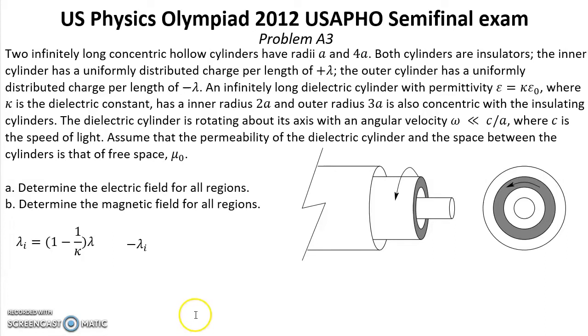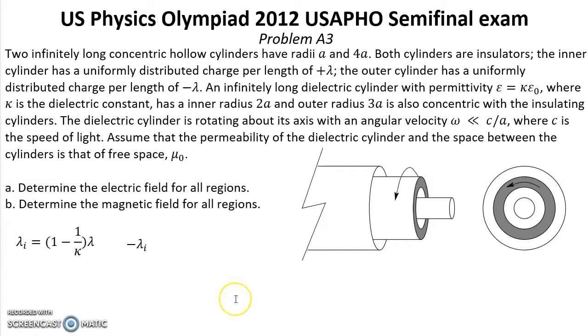Due to symmetry, we can expect that the magnetic field outside of this dielectric will be 0, and inside, at radius less than 2a, that will be 0 again, and that will go parallel to this cylinder inside of the dielectric, meaning between radii 2a and 3a.